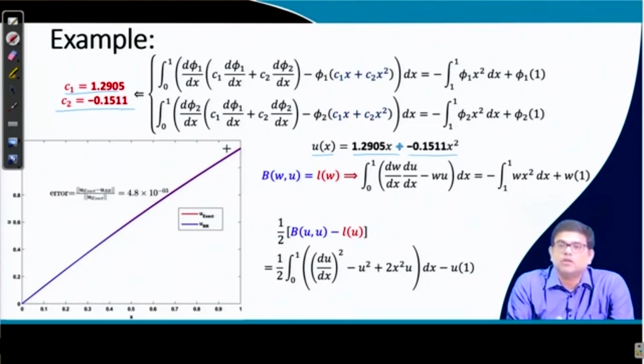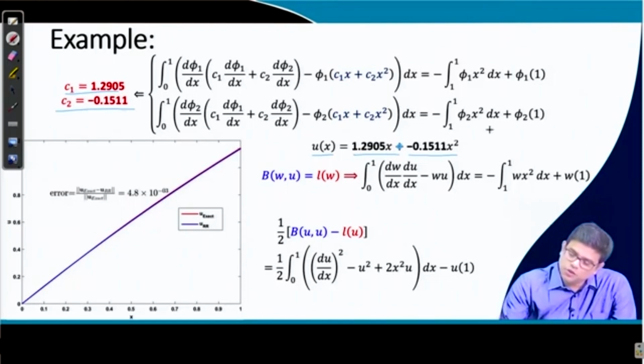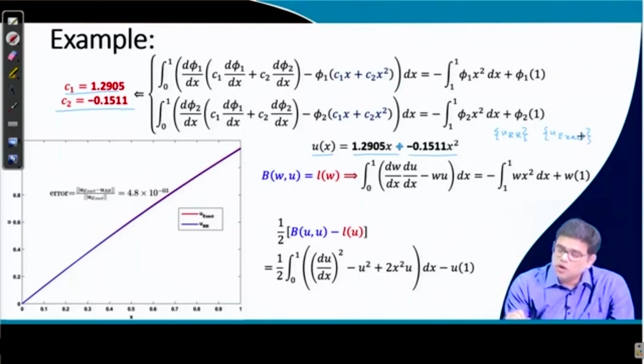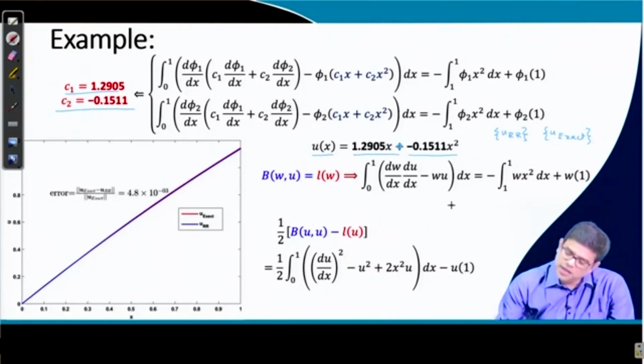But if you compute the error, what I did is obtain two vectors, U Rayleigh's and U exact, and choose the norm between them. Then I take the relative norm.